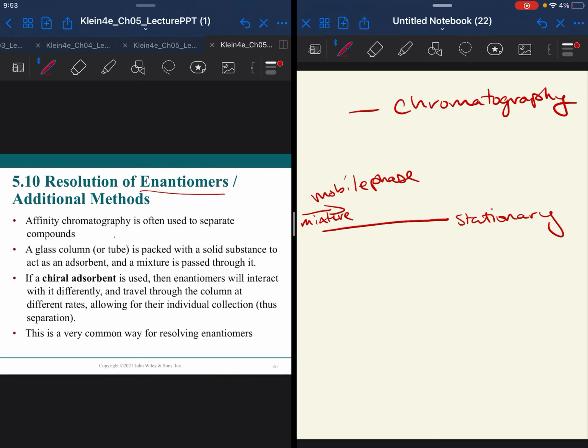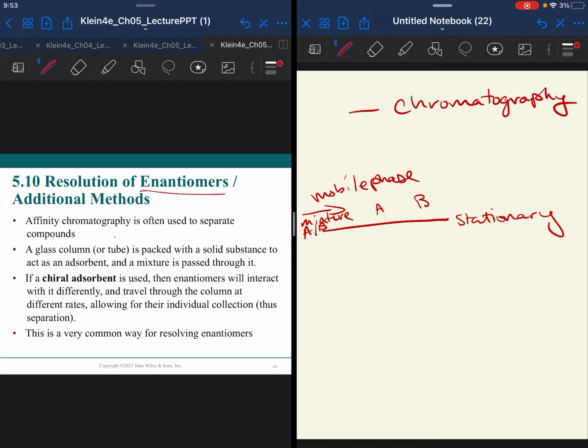And then your mixture will be carried over that stationary phase. And as it reacts with that stationary phase, different components of your mixture, let's say we have a mixture of A and B. A might move slower, B might move faster.